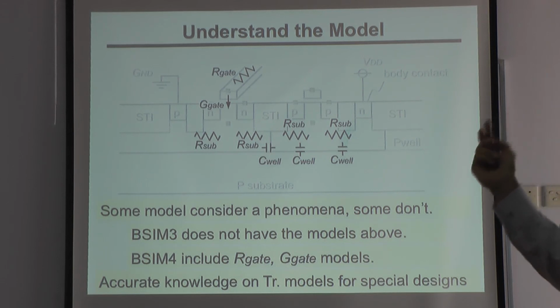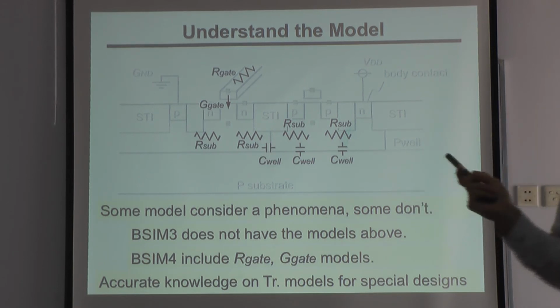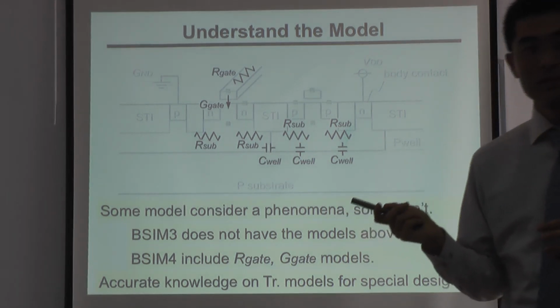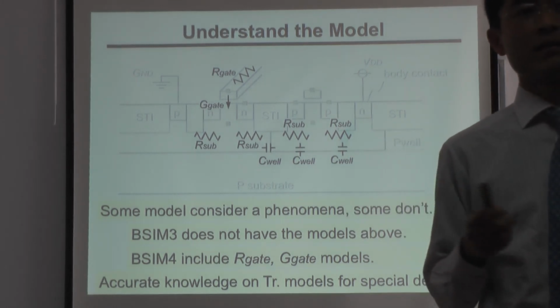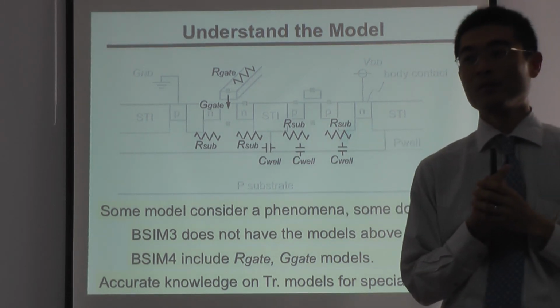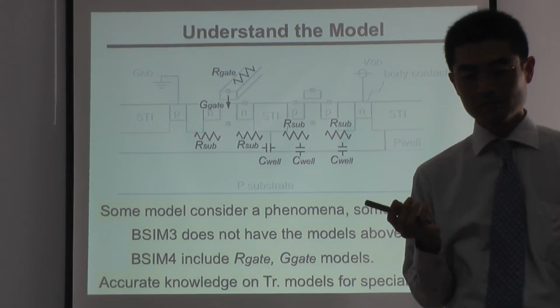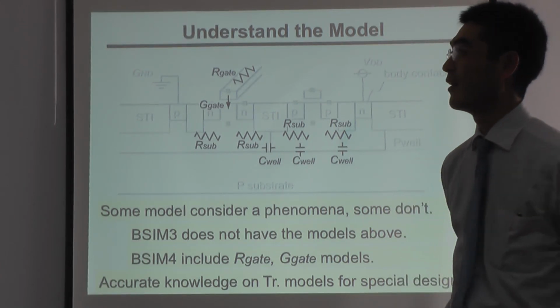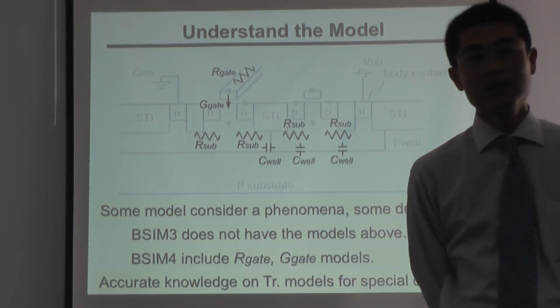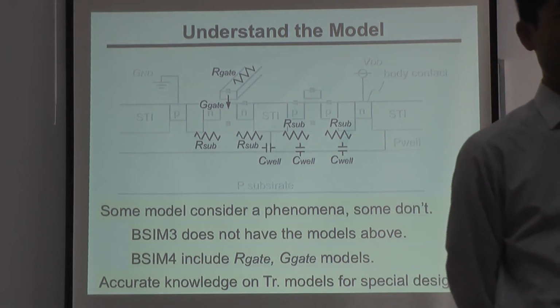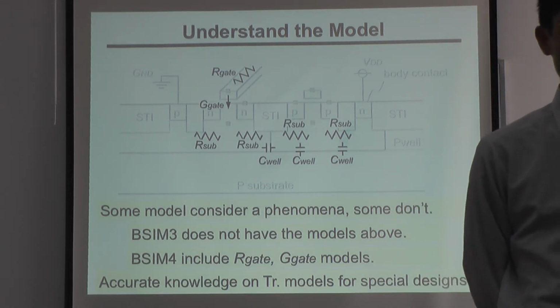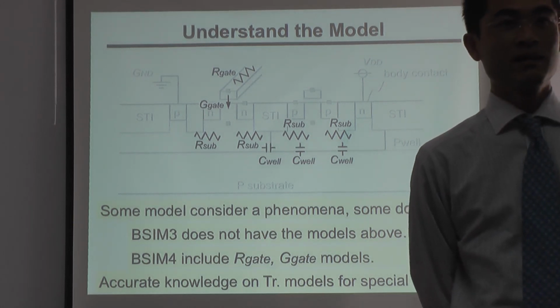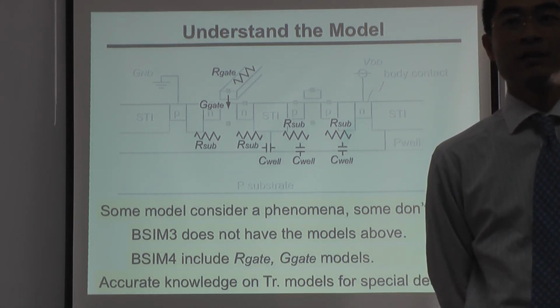For low power, we have to focus on the leakage from the gate. Low power means, for example, when we use a cellular phone, most of the time it is waiting, and only several minutes we talk on the cellular phone.